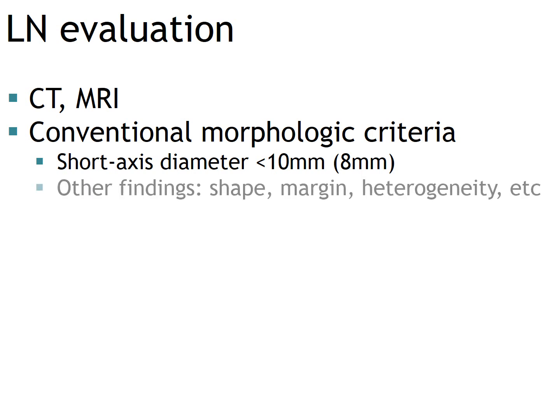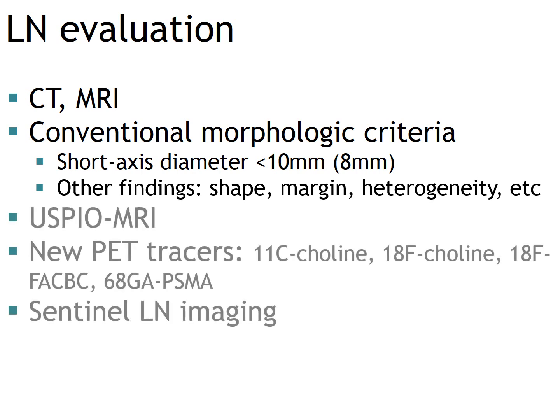Other imaging findings such as shape, margin, heterogeneity, etc. are also important. Other techniques such as USPIO MRI, new PET tracers, and sentinel lymph node imaging are still at research level and not for routine clinical use.